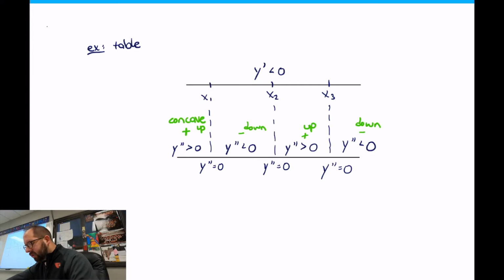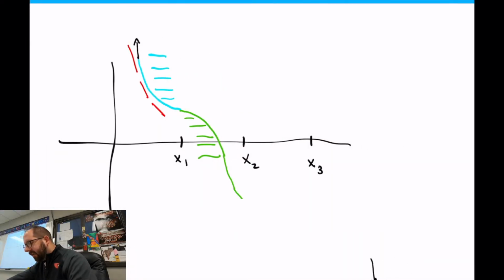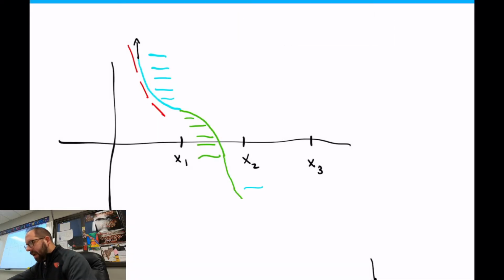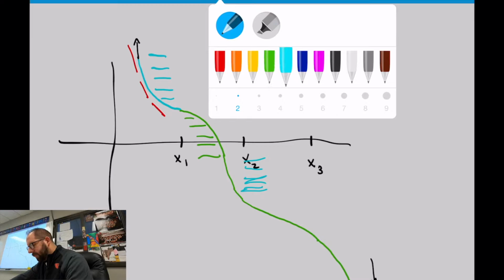It stayed concave up until x3, where it goes concave down. After x3 it went concave down, and I didn't draw that far enough over here. So it went something like this. The idea is that the concavity over here is down.